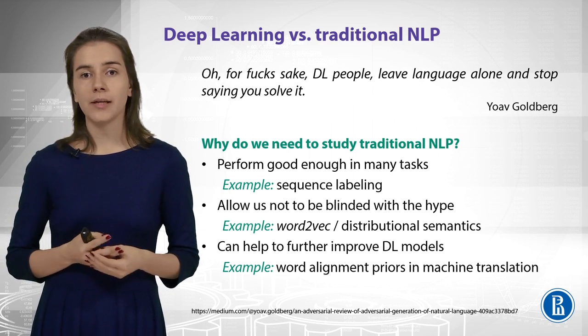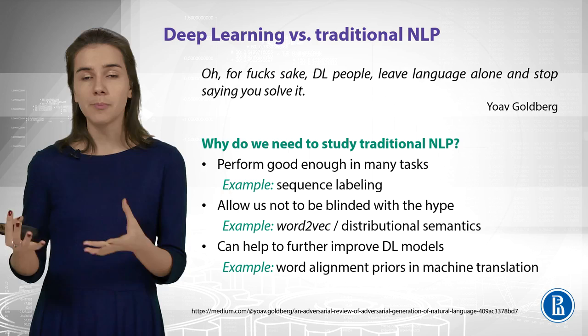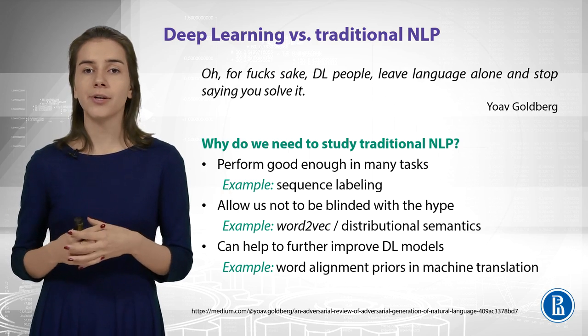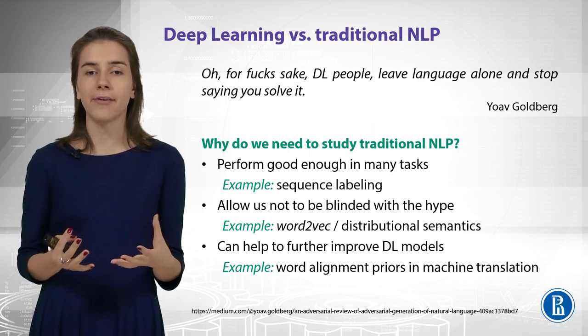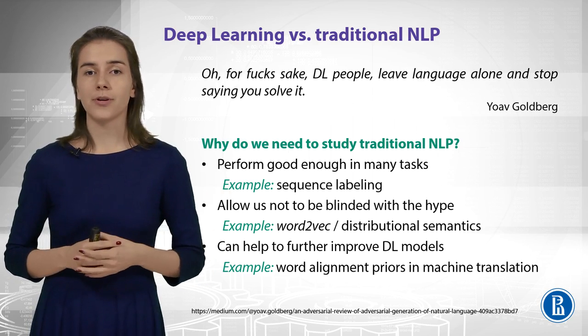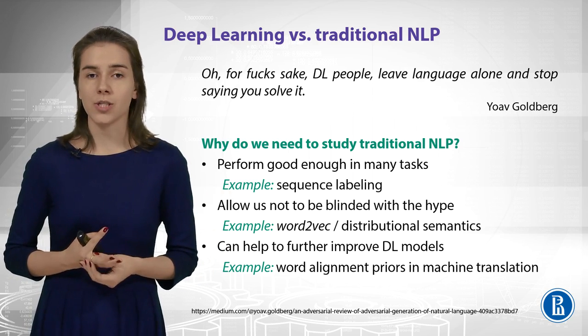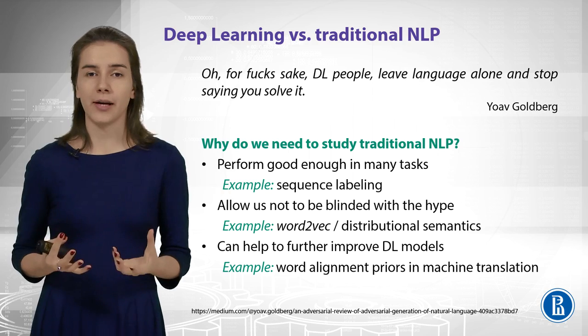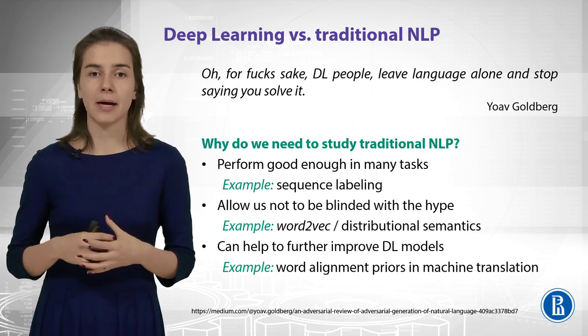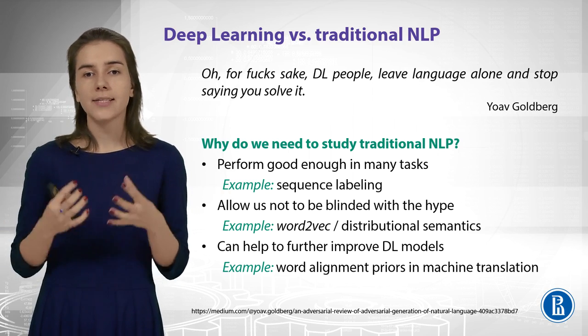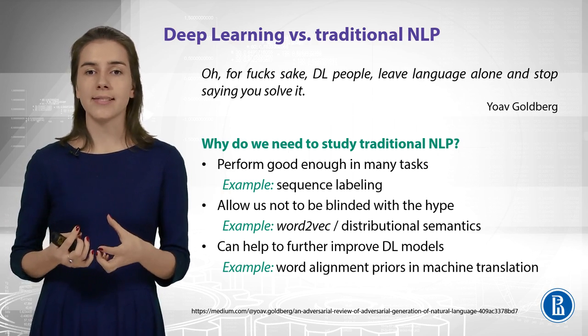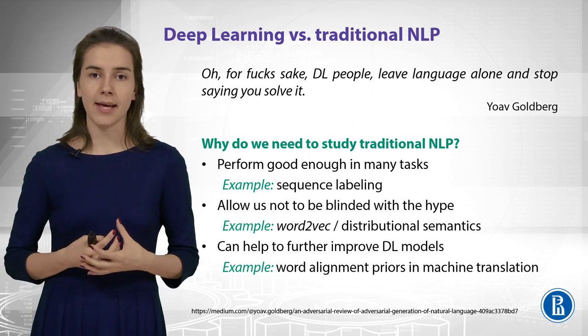Another reason would be that some ideas in deep learning methods are really similar to something that was happening in the area before them. So, for example, the word2vec method, which is actually not even deep learning, but it is inspired by some neural networks, has really similar ideas as some distributional semantic methods have.